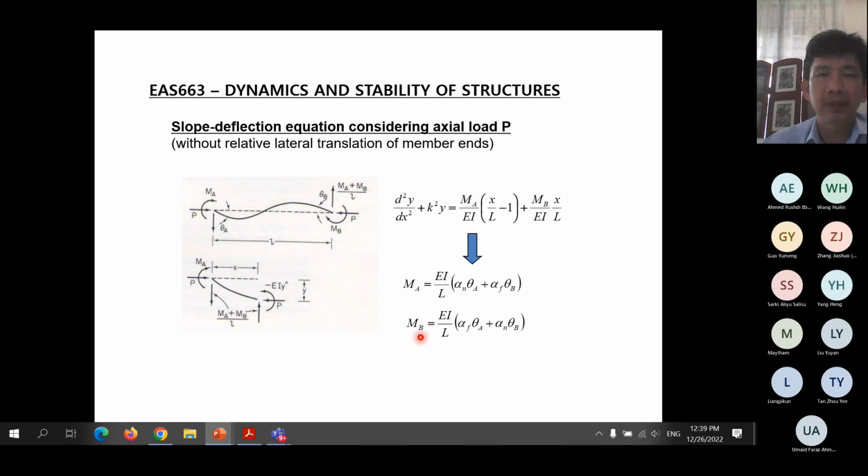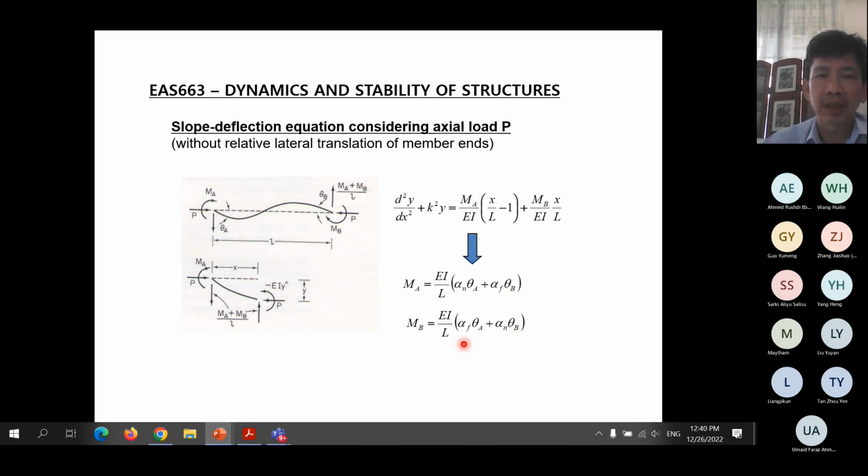Then for MB, which is the end moment at the other end there. So MB is equal to, again, EI over L. Then in bracket, multiply with alpha F, theta A, plus alpha N, theta B.